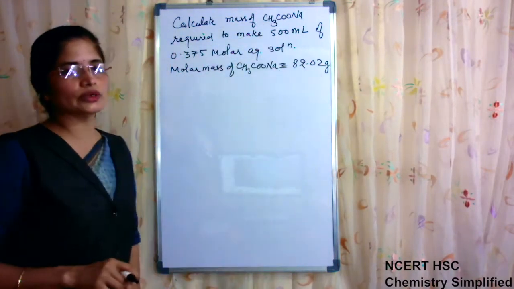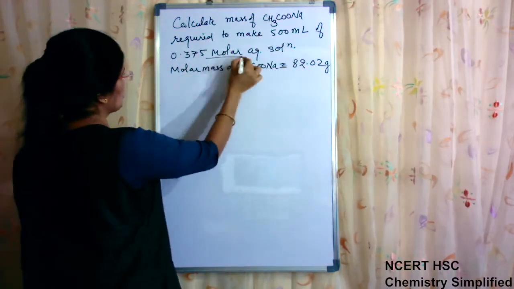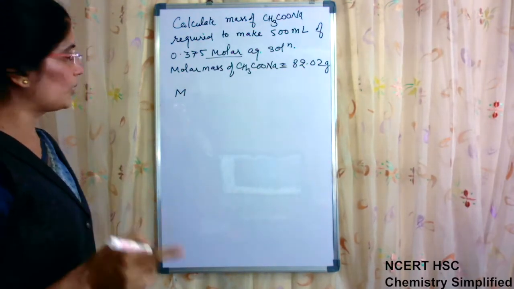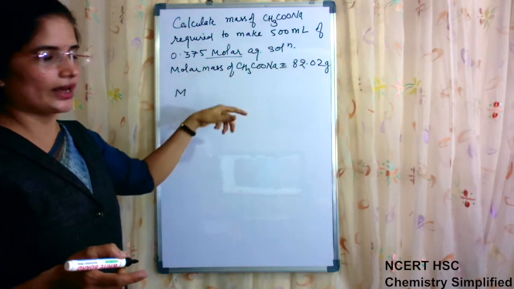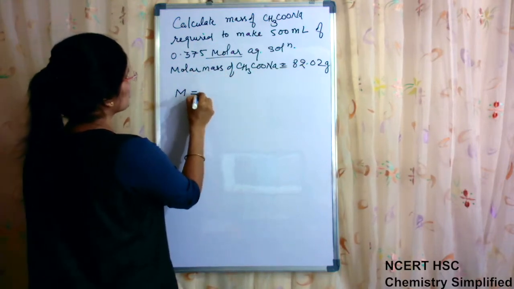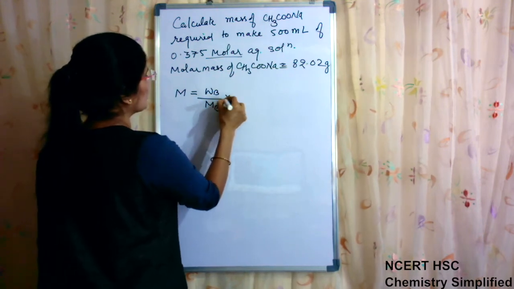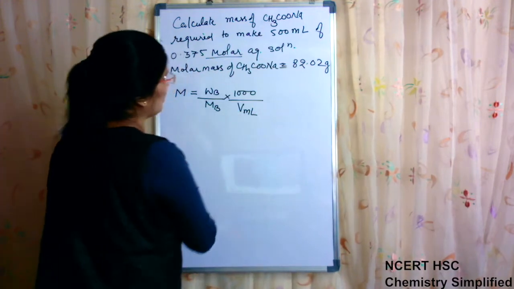0.375 molar aqueous solution. That means molarity is given. Molar solution means molarity is given. So first of all, we will write the formula for molarity, because we now conclude that the question is related to molarity. Molarity is equal to WB upon MB into 1000 upon volume in ml.